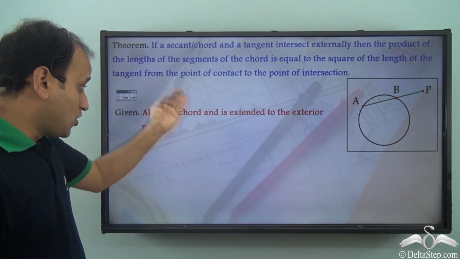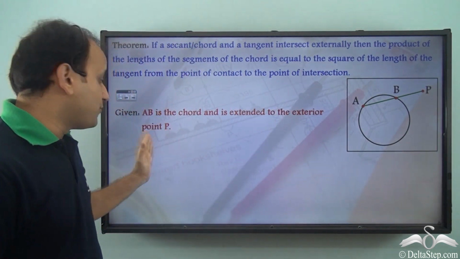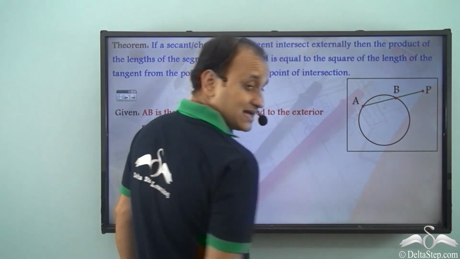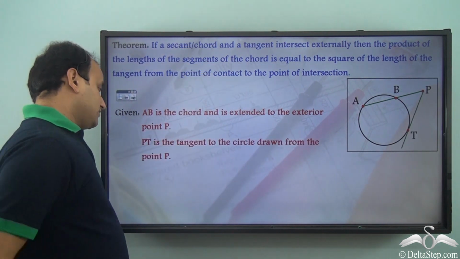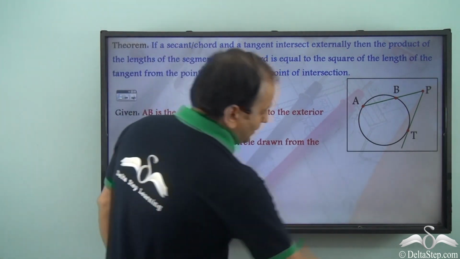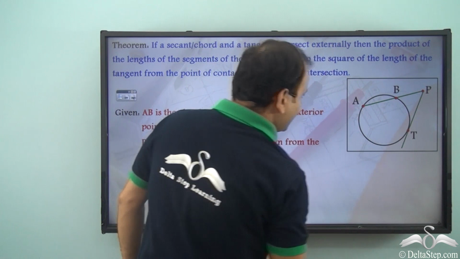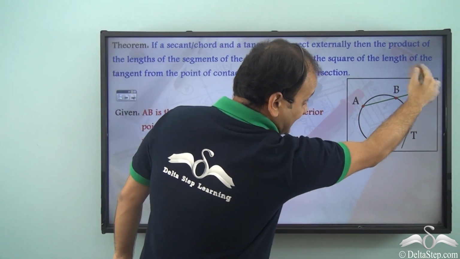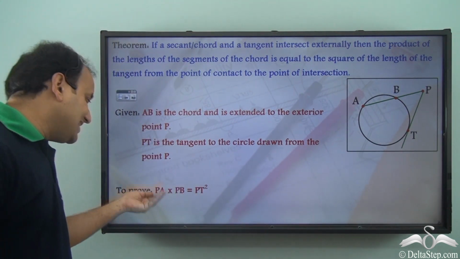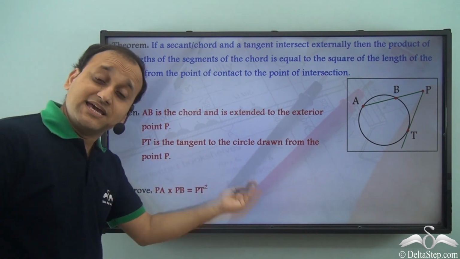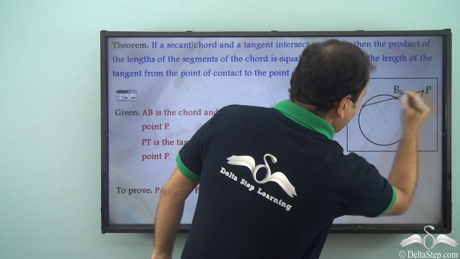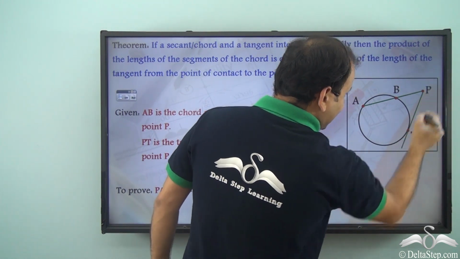Given AB is the chord and is extended to the exterior point P. So this is the chord AB and it is extended to the exterior point P. Also, PT is the tangent to the circle drawn from the point P. Now, we need to prove that PA into PB is equal to PT square. This is what the theorem states.